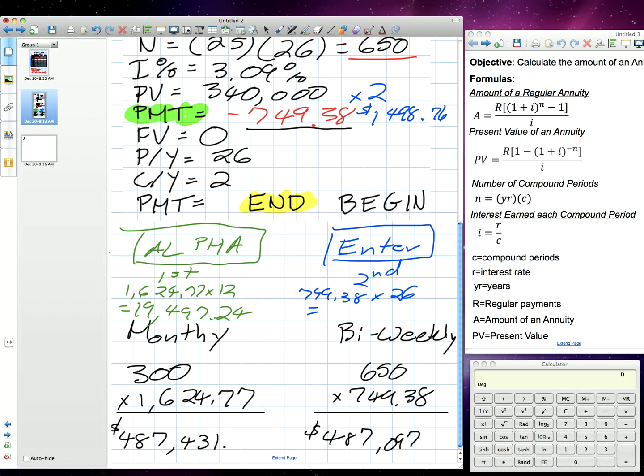So this is the comparison of yearly. We end up with $19,483.88. That is a difference of about $14. I save $14 a year making my bi-weekly payments.